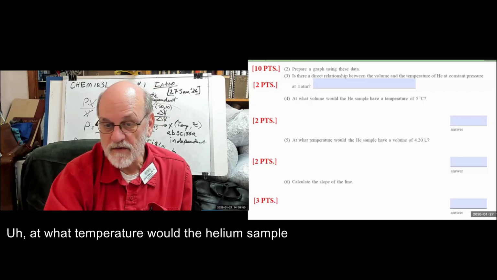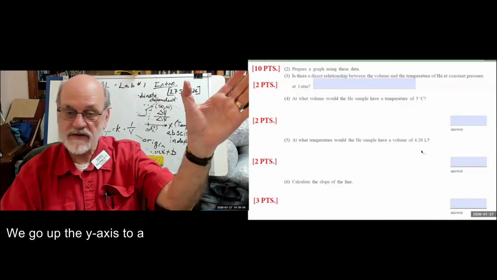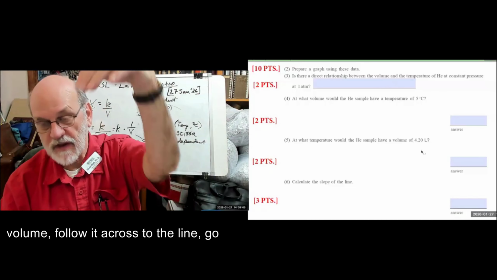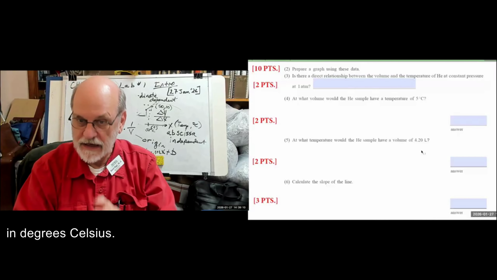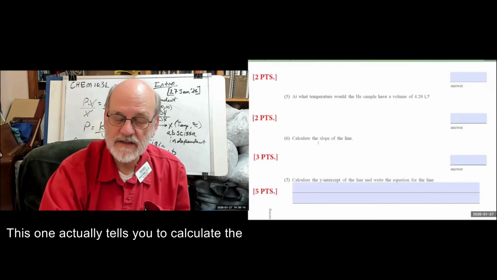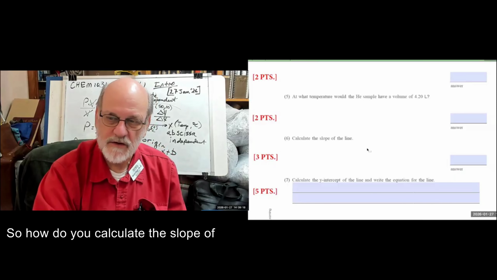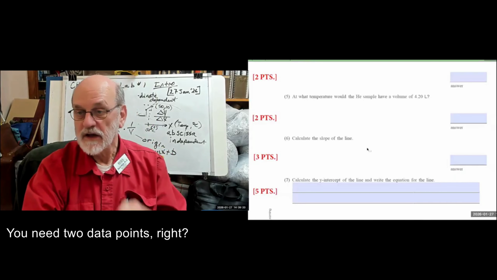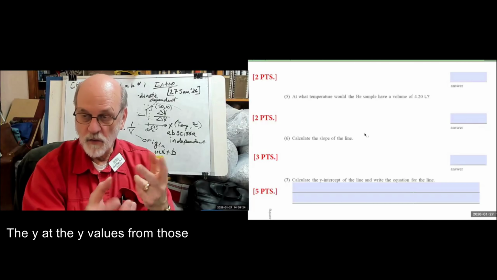At what temperature would the helium sample have a volume of 4.20? Now we go the other direction. We go up the y-axis to a volume, follow it across to the line, go down to the x-axis. That's your temperature in degrees Celsius. This one actually tells you to calculate the slope of the line. So how do you calculate the slope of the line? You need 2 data points, right?